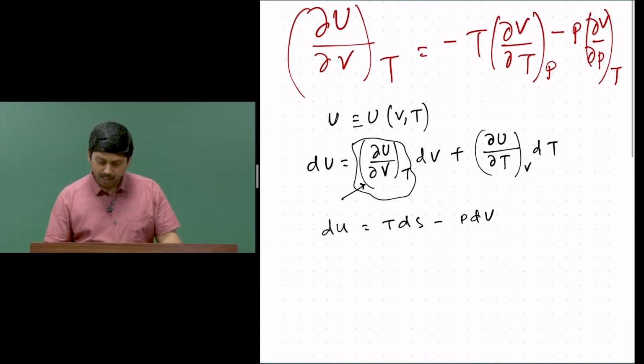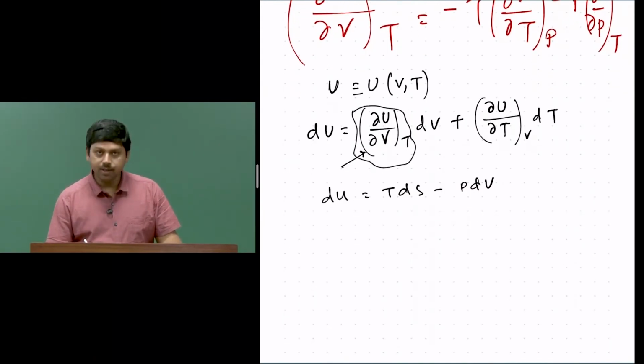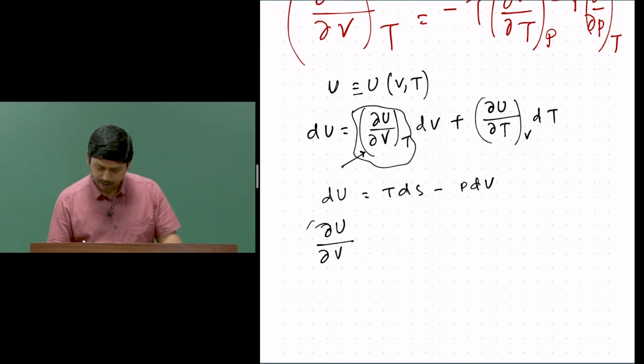And we have to get dU by dV at a constant T. So, we can differentiate both sides with respect to V. So, we get del U by del V at constant T.